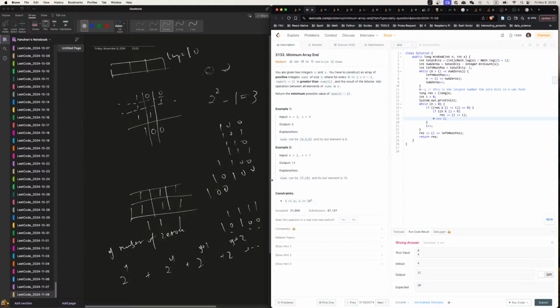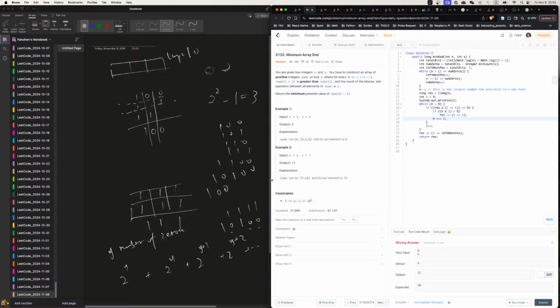The n should be 0. So n larger than one left shift, n or minus equal to that. So n is 9, num zeros is 2, so it's 4. 9 larger than 4, yes.